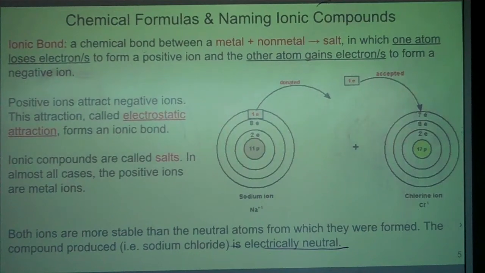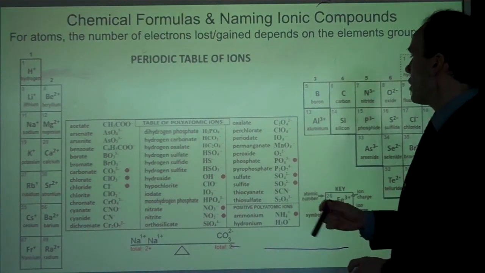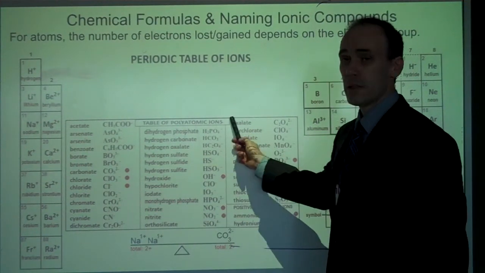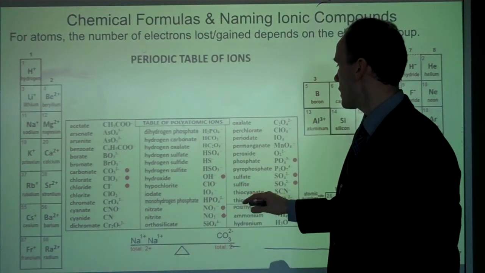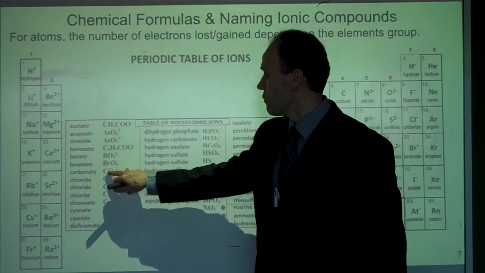Now, what you need to be able to do is, there's that second periodic table that you have. You won't be given this. You might be given a valency table like this. This is for the polyatomic ions that have a charge. You'll notice that they're all non-metals.